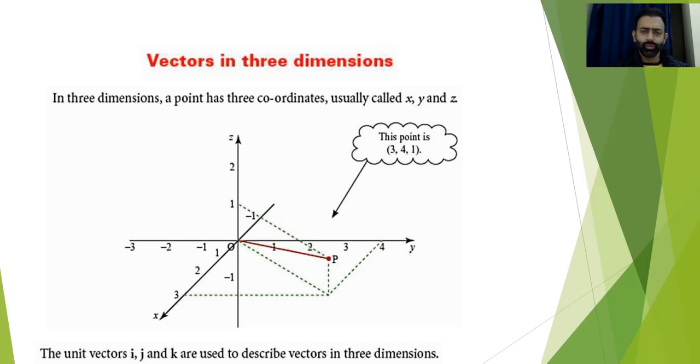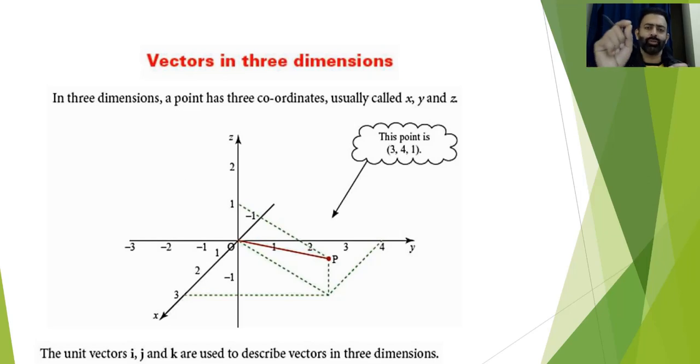And we also introduced the concept of position vectors. Just like we have a point in a two-dimensional plane, similarly we have a position of a vector, which is called the position vector. It is just that joining the point with the origin you will get a vector, and that will be your position vector. For example, if a point has coordinates 1, 2, we have a position vector OP.